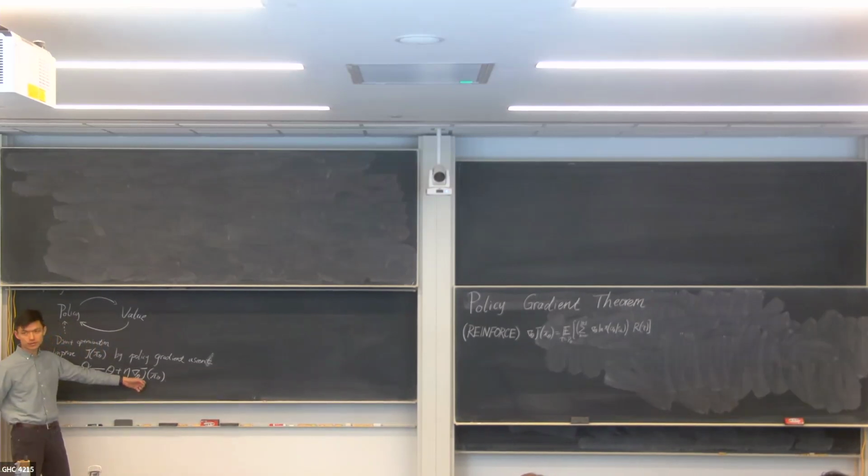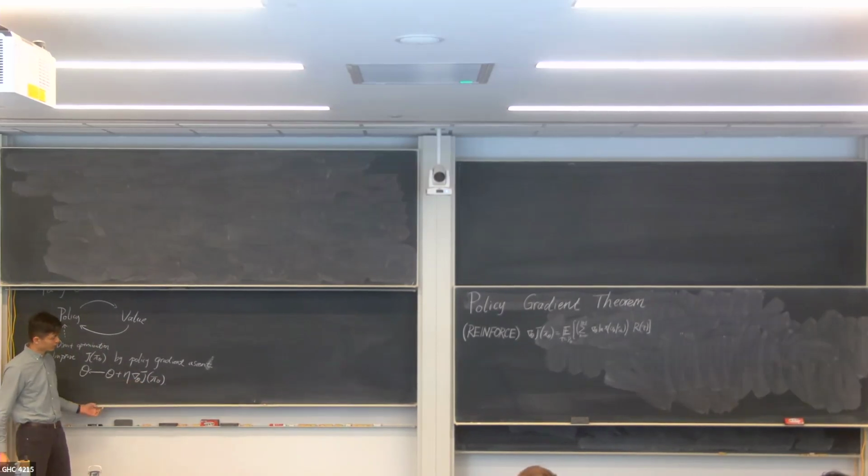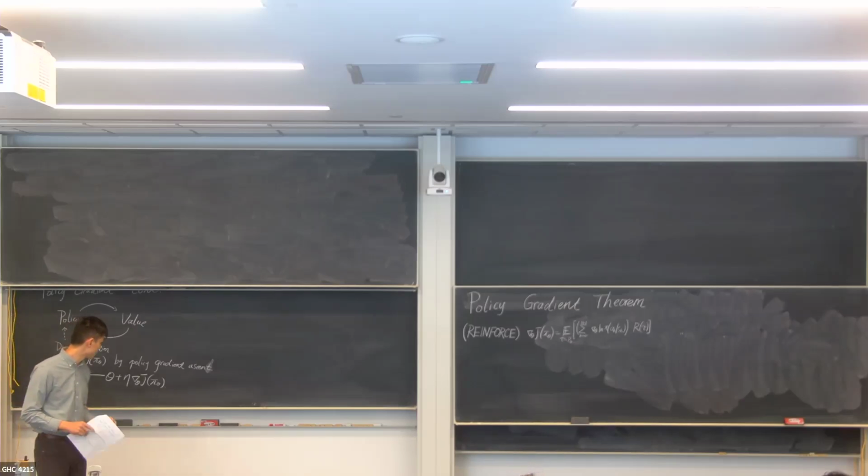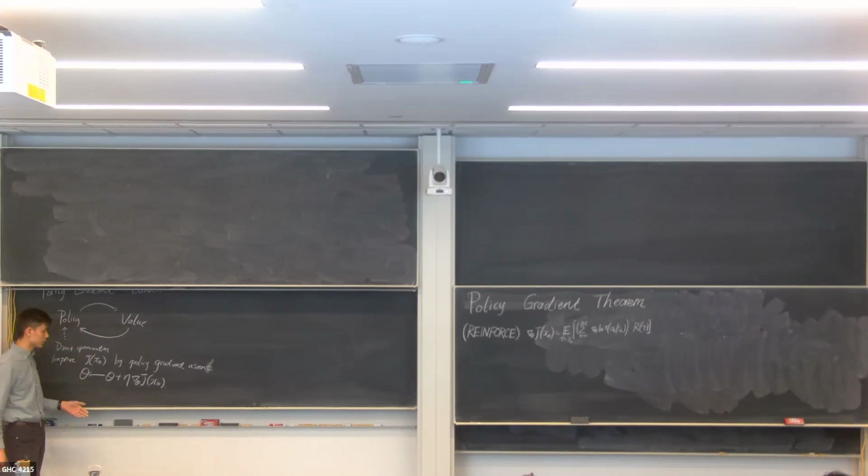In practice, this J of pi is almost always non-convex. So you have to get used to the idea that you may not get to a global optimum, but in real life, it seems to work quite well. And there's a little bit of detail from the last lecture: in order to do that, you need to make sure J is differentiable, or at least continuous.